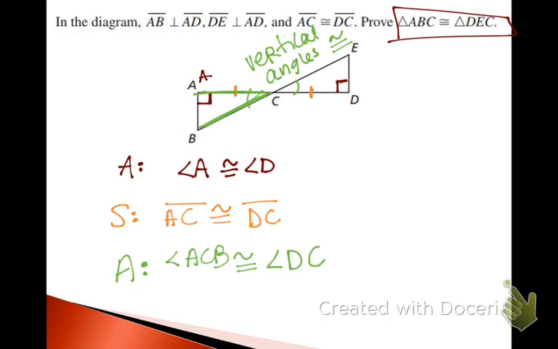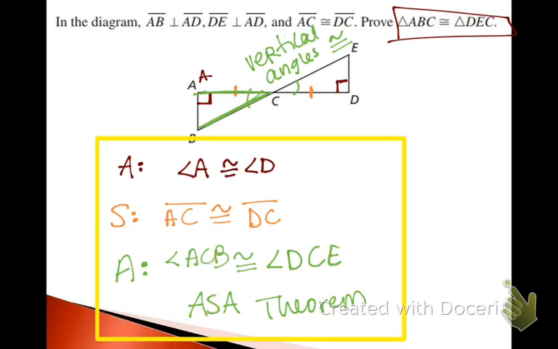DCE. So, what theorem did we just prove? ASA, the angle side angle theorem. So again, where is the side in comparison to the angles? In the middle. So please make sure when you learn the second one, angle angle side, it's different. In this one, the side is directly between your two angles.